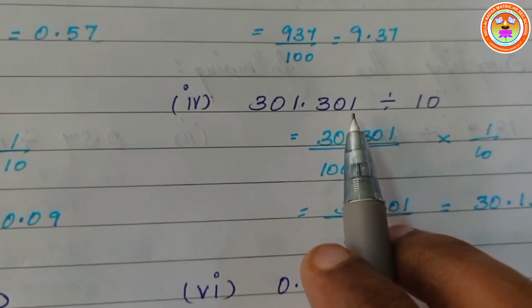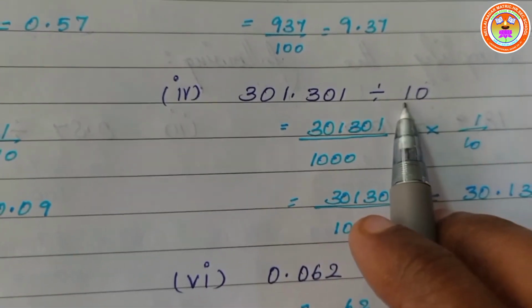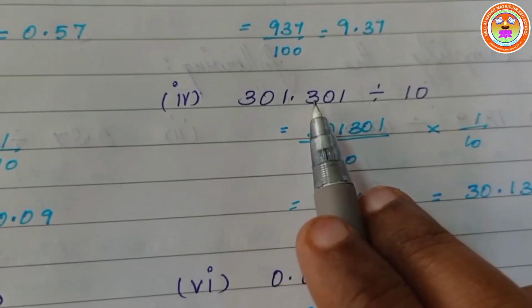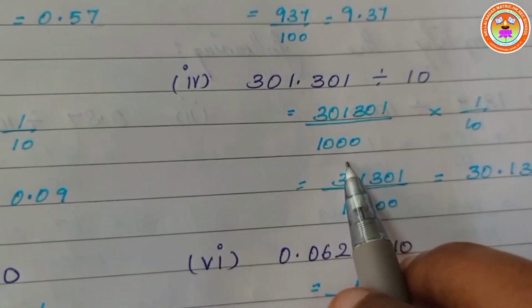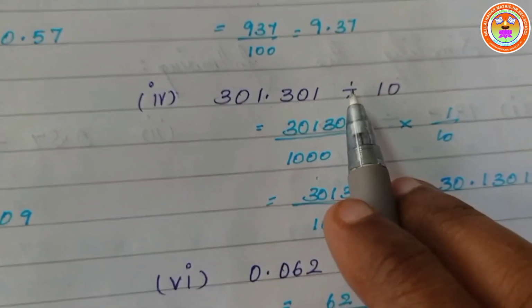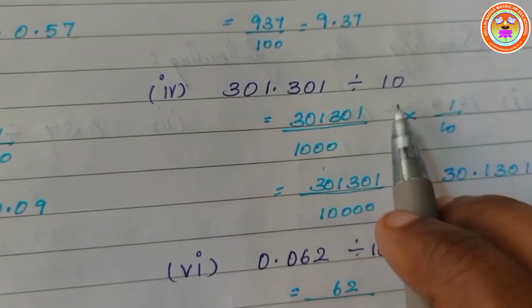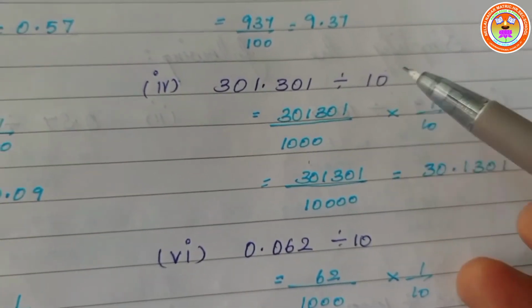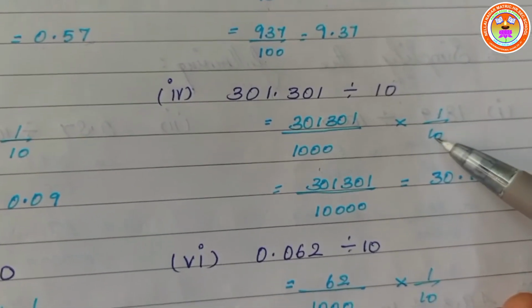301.301 divided by 10. Okay. So here we have to remove the decimal point and convert it into a fraction. So we have converted. Next we are going to change the division into multiplication and we have to write the reciprocal for 10, that is 1 by 10.